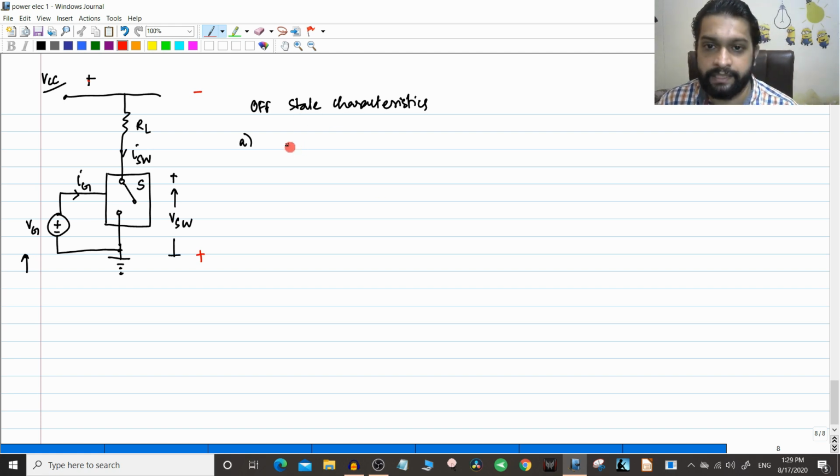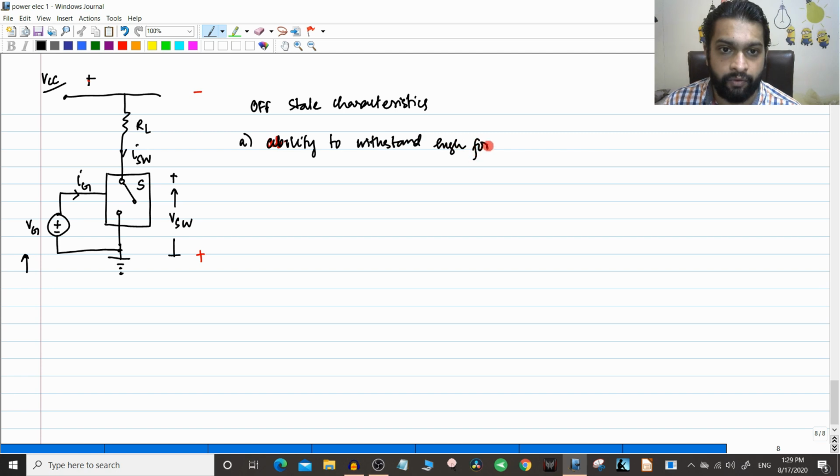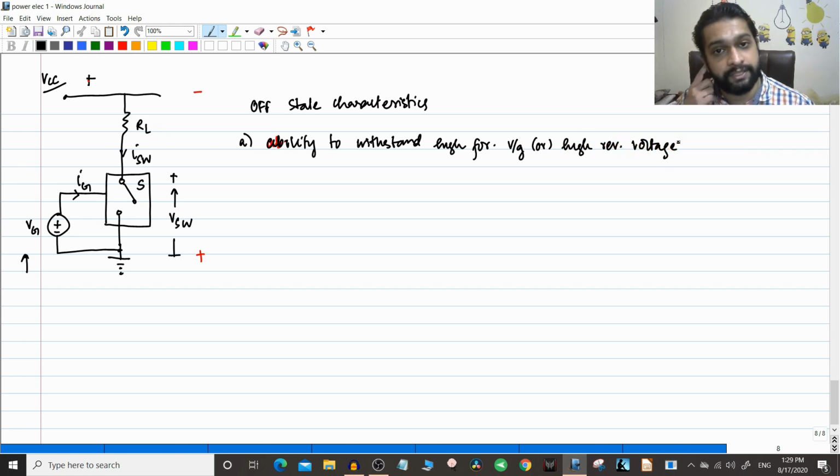So the basic idea here is the ability to withstand high forward voltage or high reverse voltage. You know that when you study diodes, you have this avalanche breakdown and all.